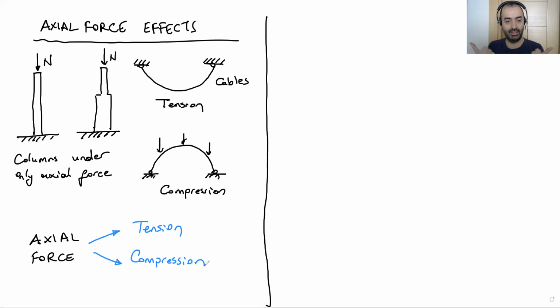So the force always goes out from my structural member in tension effect. So these are some basic examples which are under the axial force effect. Now we know the two types of axial force, tension and compression.